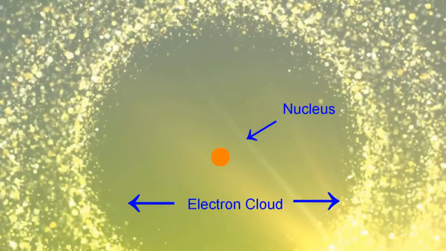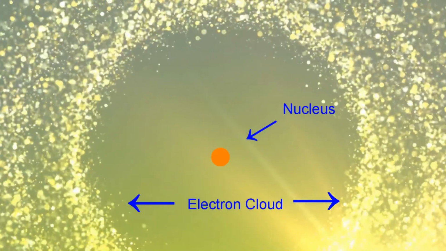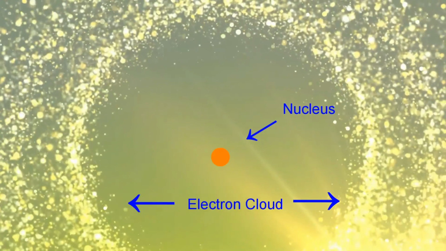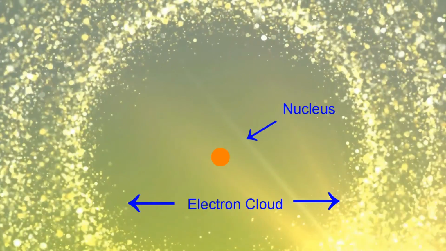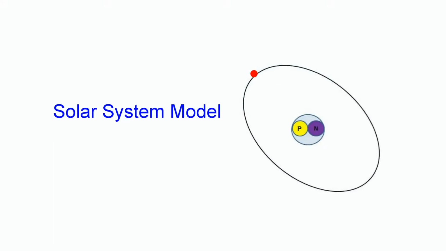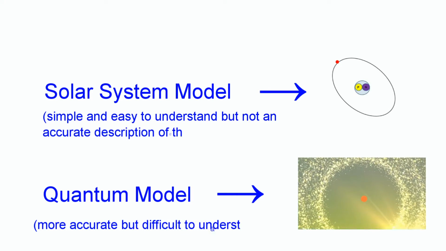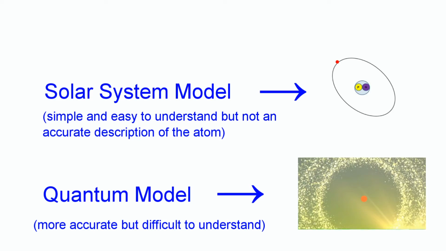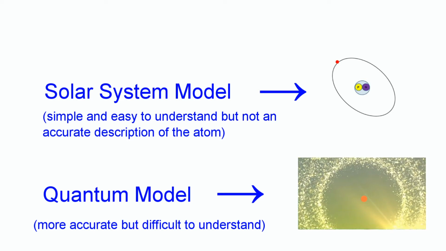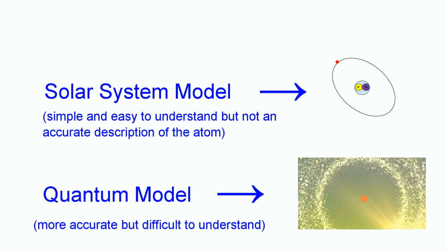Instead, the electron forms a cloud around the nucleus, a probability cloud. Well, probability clouds are much more difficult to understand, aren't they? So we are going to stay with the solar system model, and it will work fine for our purposes. But it is important for you to remember that the model that we're using is a very simplified picture of the atom. And we're using it because it is a much easier way for us to understand chemical reactions.